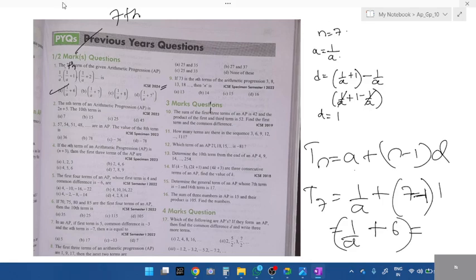Just use the basic concept. Practice, write it, students. So, practice MCQ questions. The nth term of the arithmetic progression is... The 10th term.